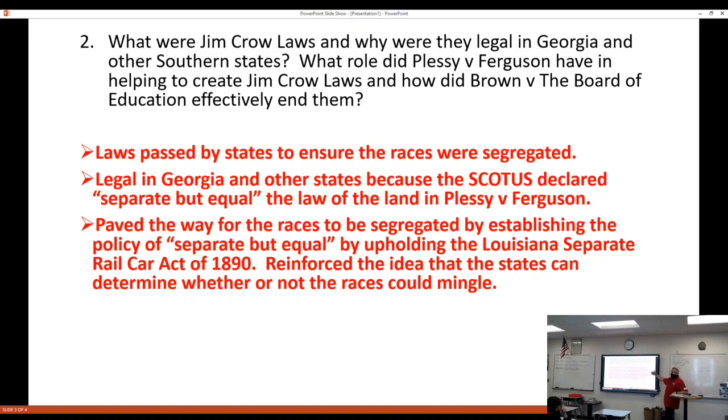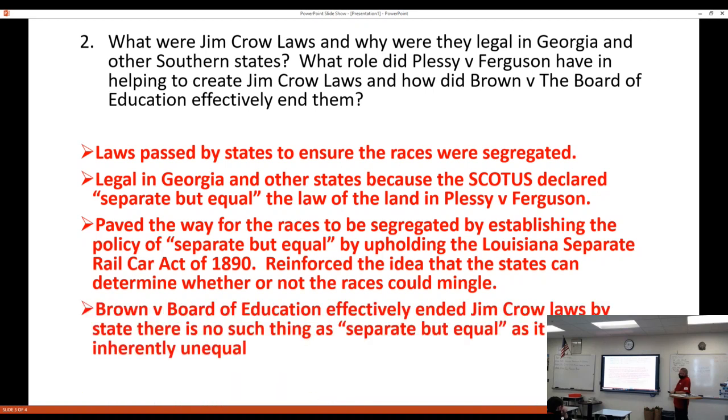One of the reasons that they do is because of what happens with the Brown versus the Board of Education case. It ends Jim Crow laws, basically by saying that separate but equal is inherently unequal.